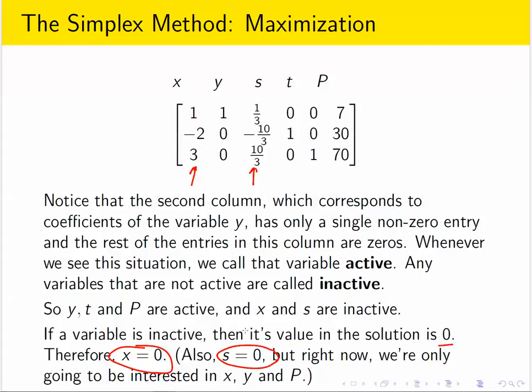There are occasions where we'll need to know the value of s in our final answer, but not for the basic problems we encounter. On the other hand, we do need to know that s is 0, because that's part of what's going to help us find the values for the active variables. So first step is identify the inactive variables and immediately write down that the inactive variables are equal to 0 in our final answer.